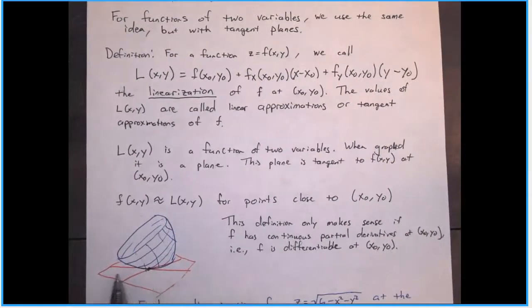So I pick a point, I draw a tangent plane at that point, and you can see that in this region, this tangent plane might be a decent approximation for this blue surface. If I go too far out, though, this tangent plane is pretty far from this surface. So it's a similar idea, just using geometric objects of larger dimension.